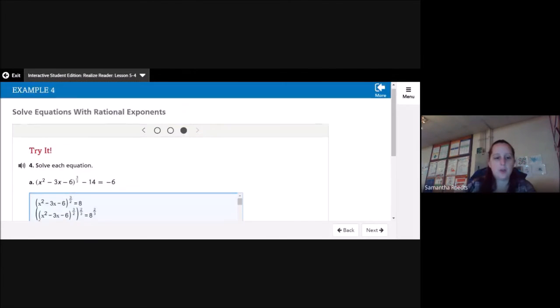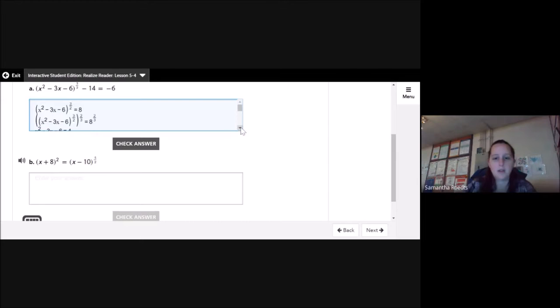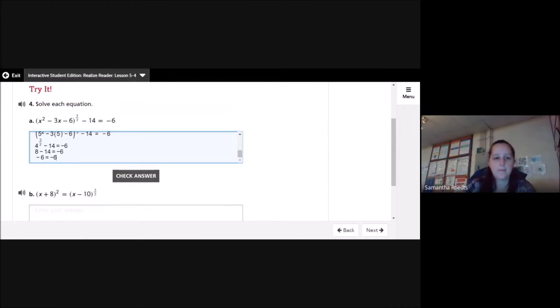My other solution was -2. So let's try that. So I have -2 squared minus 3 times -2 minus 6, and that's to the 3/2 power, minus 14, see if that equals -6. -2 squared is 4. 4 plus 6 is 10.